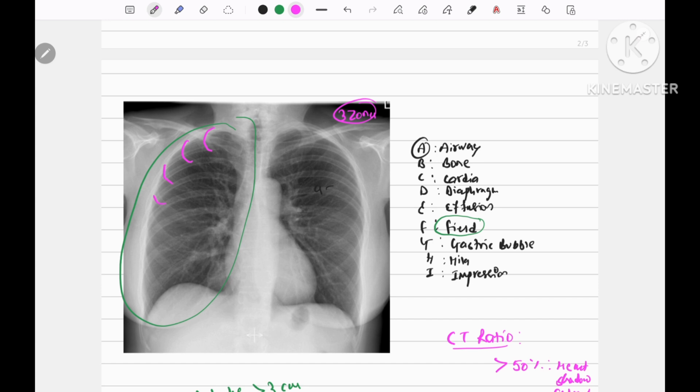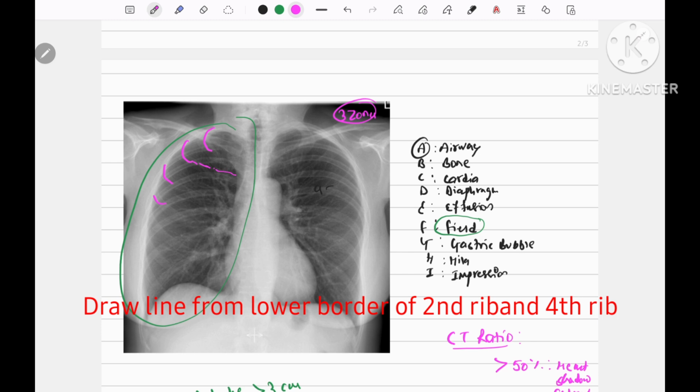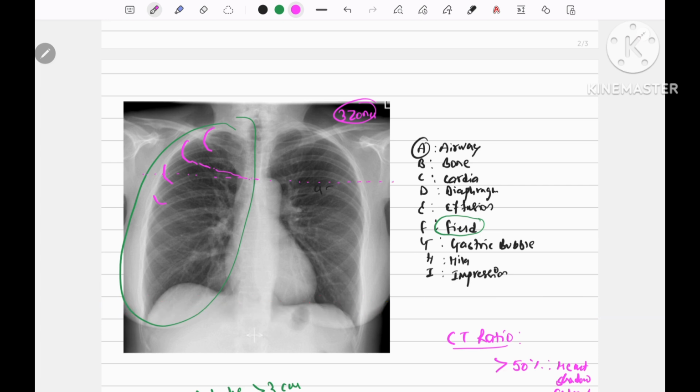From the second rib, we draw a straight line parallel to this second rib, and again this is the third, this is the fourth, and we draw another line parallel to the fourth rib. This is the second line.